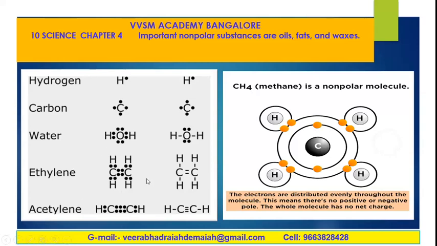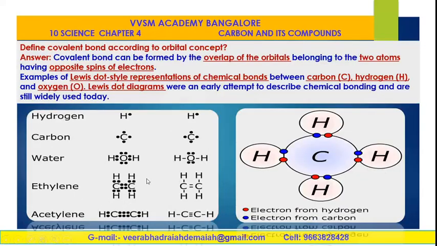Ethylene and acetylene. Define covalent bond according to orbital concept. A covalent bond can be formed by the overlap of the orbitals belonging to two atoms having opposite spins of electrons. So this is the opposite spins, electron from hydrogen and electron from carbon.